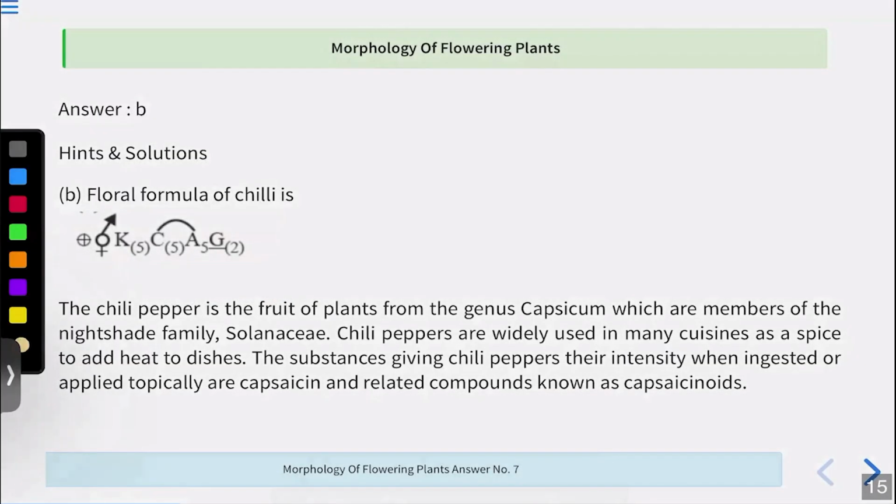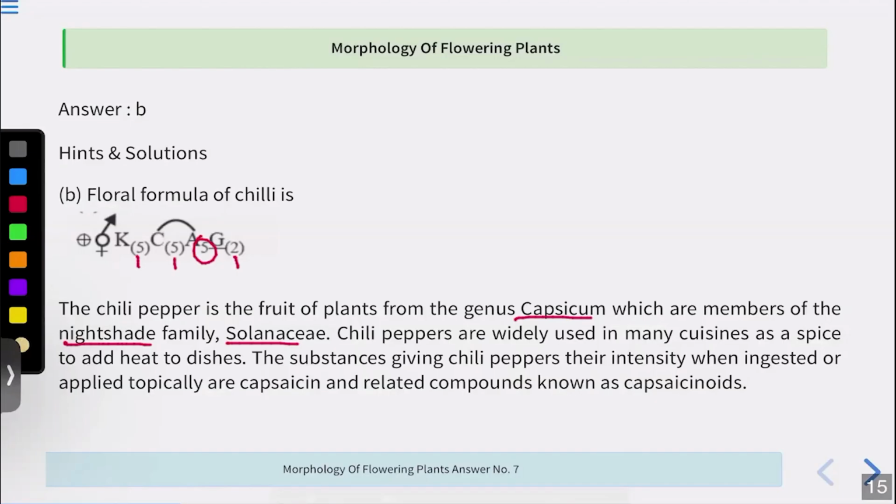Now, what does the explanation say? Chili pepper is a fruit of plant from the genus Capsicum, which are member of the nightshade family Solanaceae. Chili peppers are widely used in cuisine. That is not to our point. Now, what we have to know here is that in Solanaceae the sepals are attached, the petals are attached. Androecium is free, gynoecium is also fused.